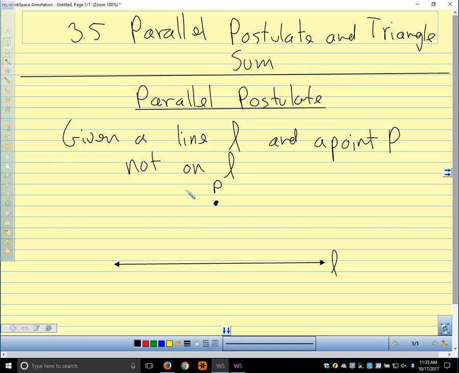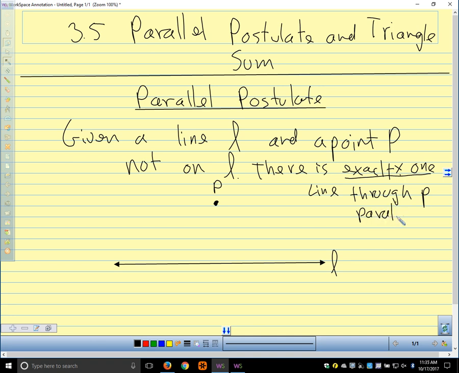There's our picture. The parallel postulate says there is exactly one line through P parallel to L. So if I want to draw a parallel line, I'll draw it in blue here. There's my line.